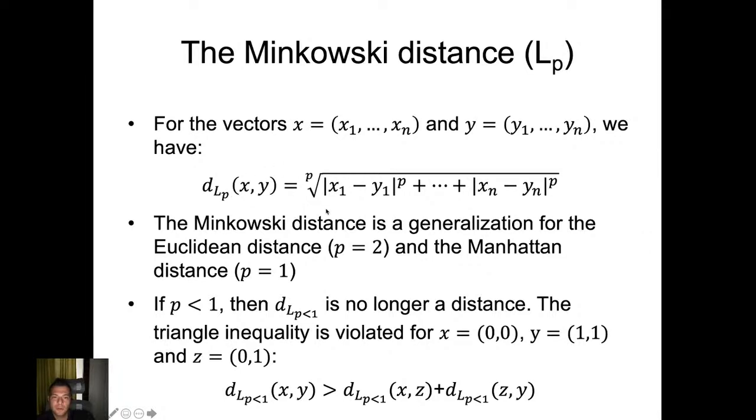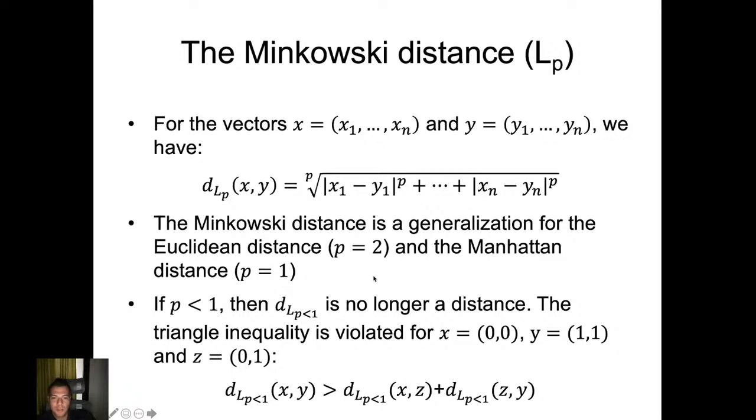The general formula is the p-th root of the sum of the absolute differences between the components in the two vectors raised to the power p.